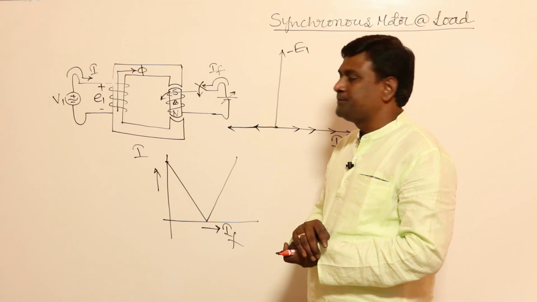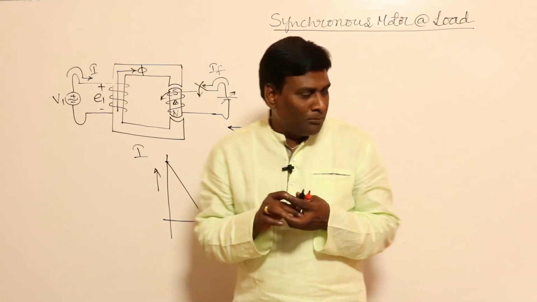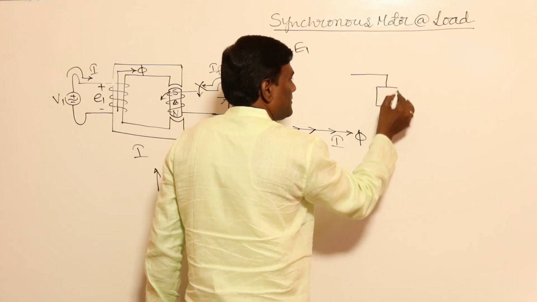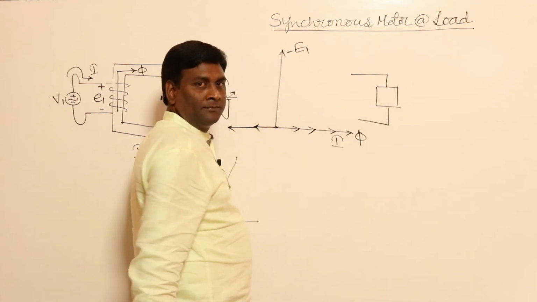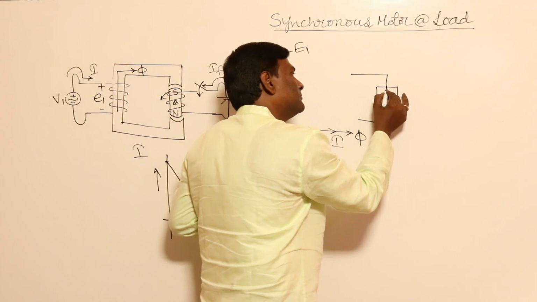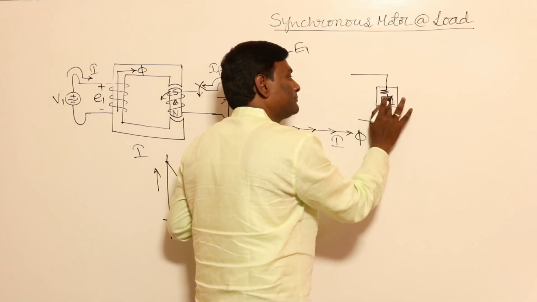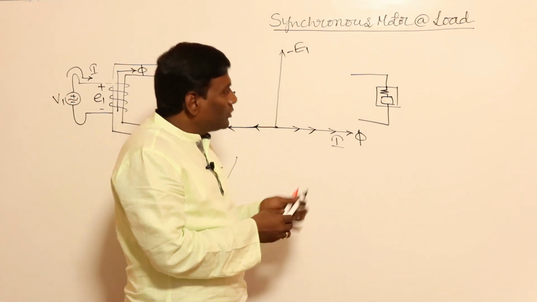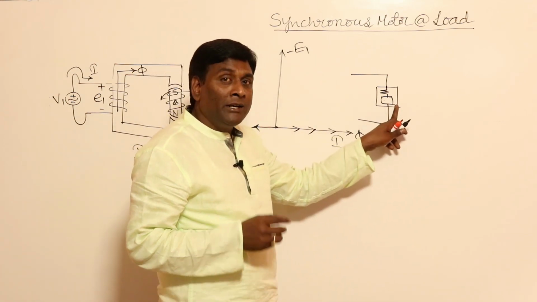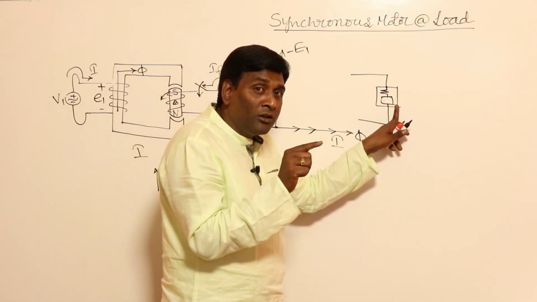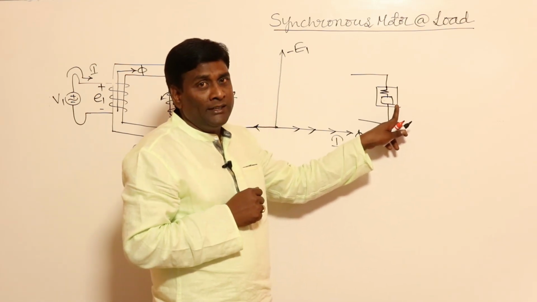Now coming to the point. See, for example, if any load is there. Now for example, here resistance is there and a reactive element is also there. So if this reactive element is inductive, the component of current should be lagging the voltage.